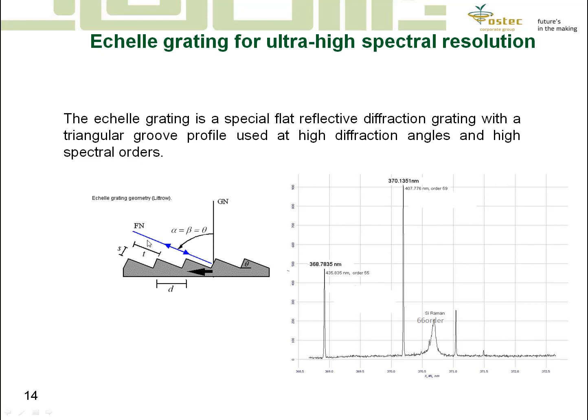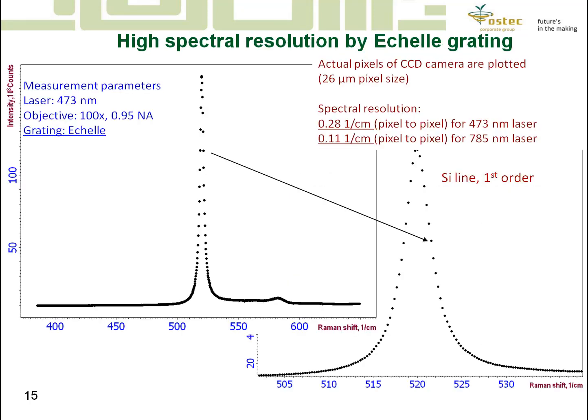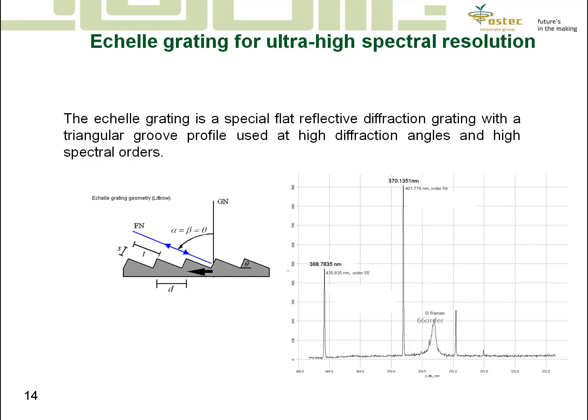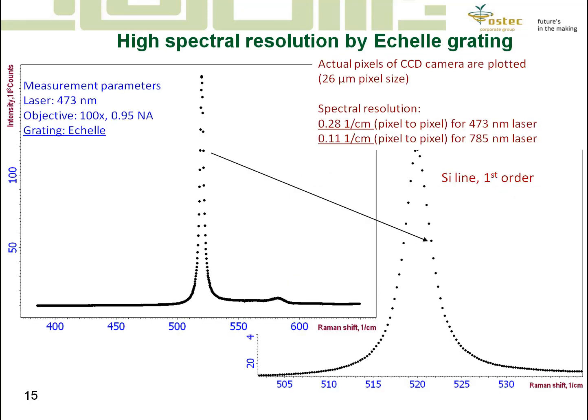And there is also one special solution which we have in our spectrometers. This is an echelle grating which operates not in the first order but in a higher order, like 66 or 55, something like this. And when we have such a grating, we can get a resolution down to 0.1 wave number.